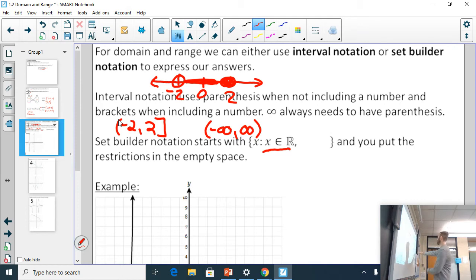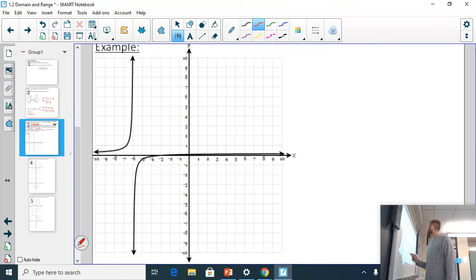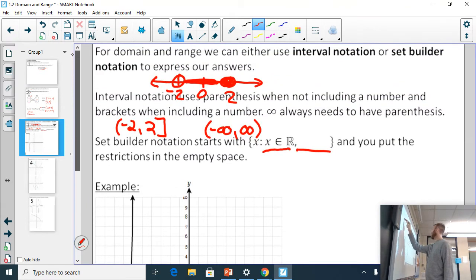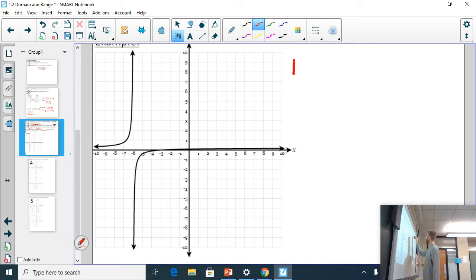And then you put the restrictions here in this empty space. And I think it'll make more sense once we get into an example. So here, let's look at the domain for a second. Let's just look at the domain.